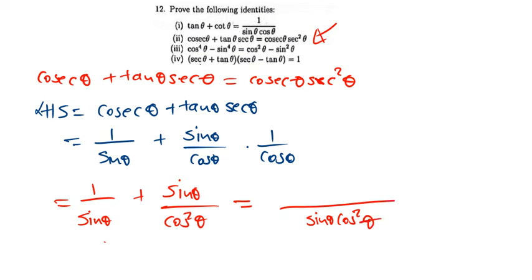Now for the first part, if we divide by sine, we're going to remain with cosine squared of theta, and then plus, if we divide by cosine squared of theta, for the other part we're going to remain with sine squared of theta. Now, looking at what we have, I don't see anything that is getting closer to what we want. But let's see.